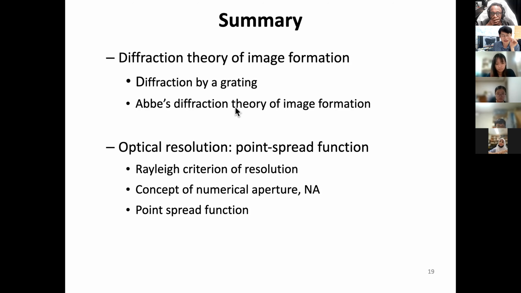So when we consider this, we define lambda over n sine theta as the key parameter to extract the information about the features of the sample. The bigger n sine theta is, the better the resolution. In fact, your resolution formula is lambda over NA.